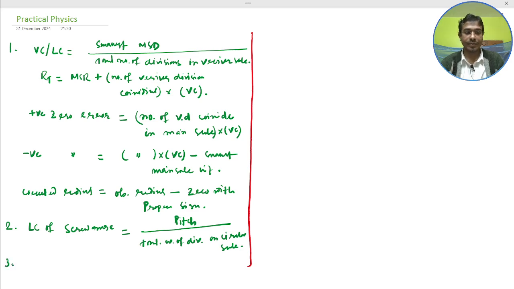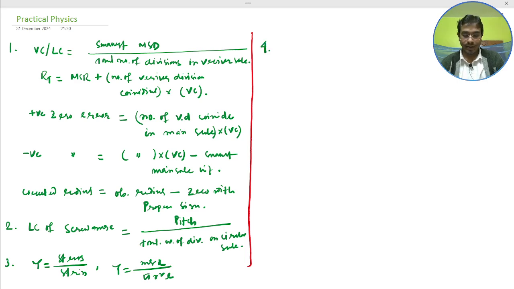And next, the Young modulus is stress divided by strain, written as mgL divided by pi r square l, that is, mg capital L by pi r square small l.